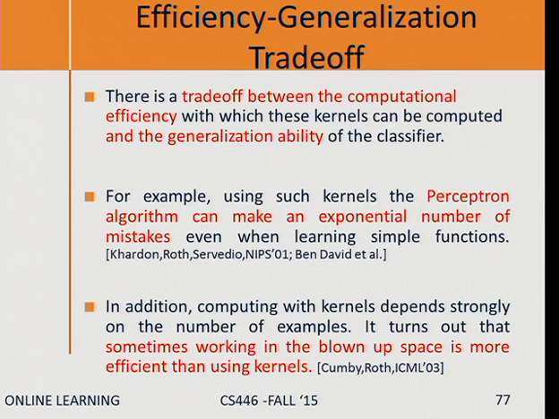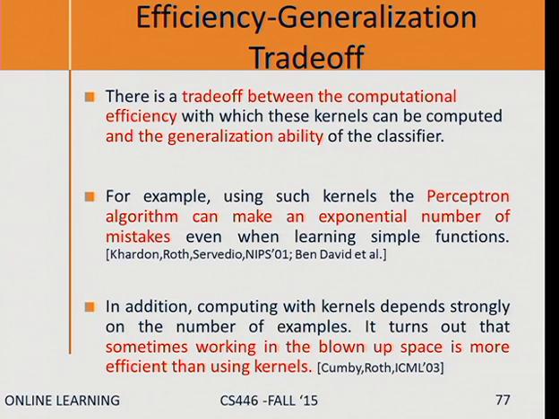Okay, so just a few last comments. Clearly there is a trade-off between the computational efficiency and generalization ability in general of classifiers. So this is what's known about this issue of kernels. You don't always want to say, you know what, I don't know which function I'm going to learn, and therefore I'm just going to use kernels and learn in this space.